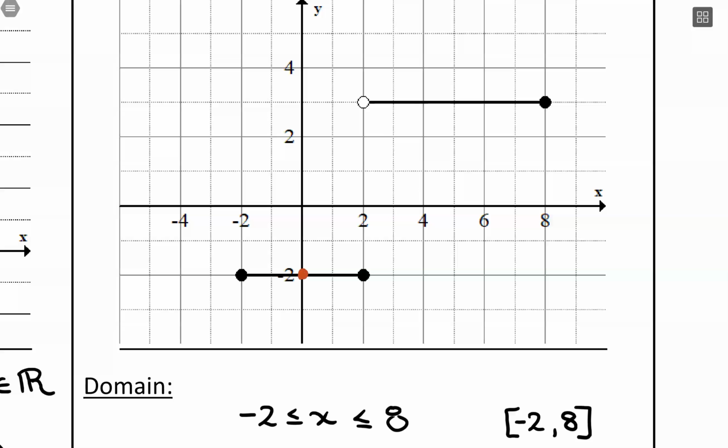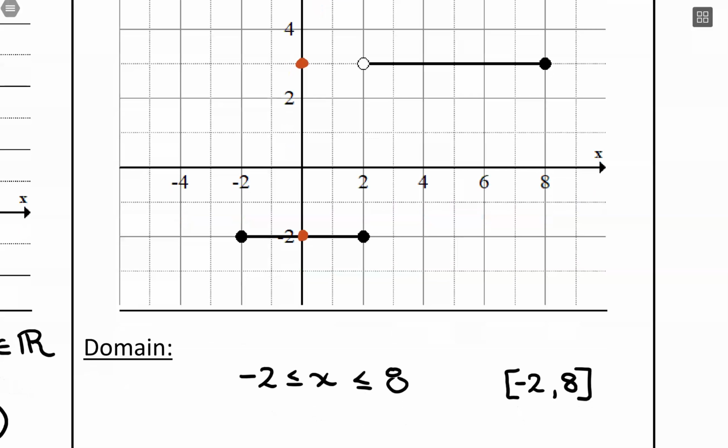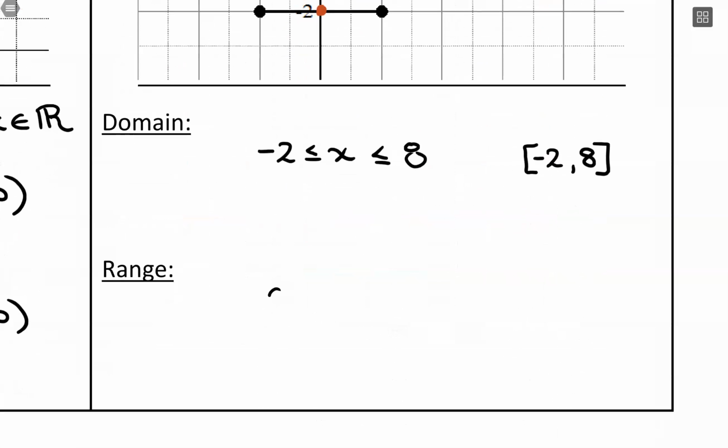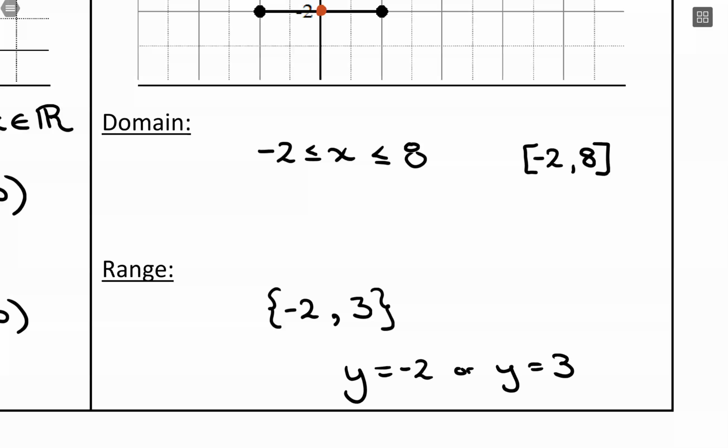So we don't have anything until we get to +3. So even though y isn't defined at this circle, all through here we have y equals 3. So what's happening is there's only 2 spots that y is defined. So we could just make a set of -2, +3. Or you could write it out, y equals -2 or y equals +3, something like that, of where we just have these specific points where it's defined.